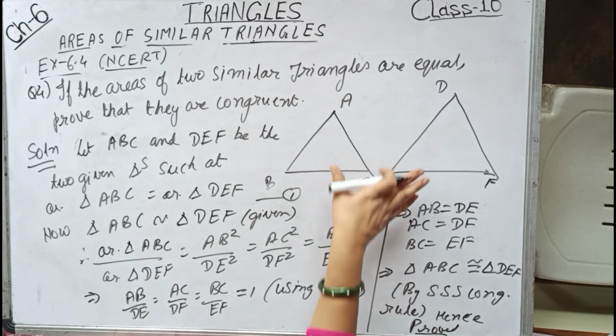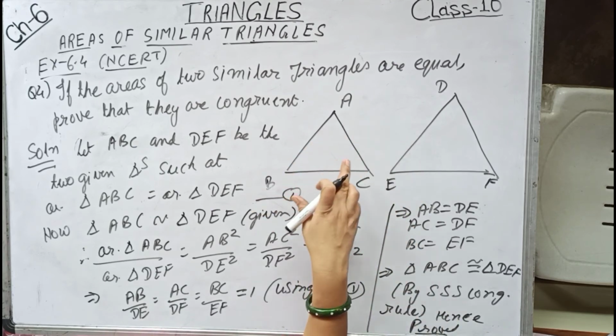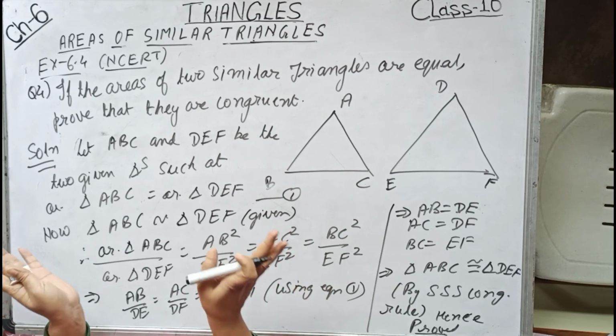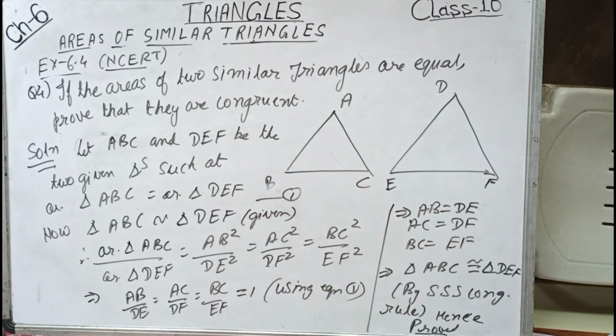So we started with two similar triangles whose ratio of their areas is equal. Now if it is, then the triangles will be congruent.